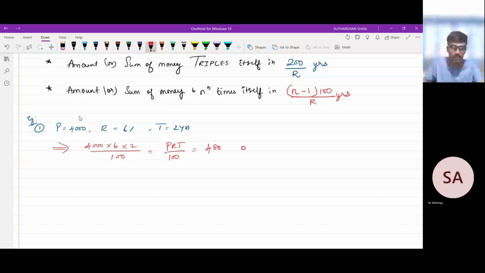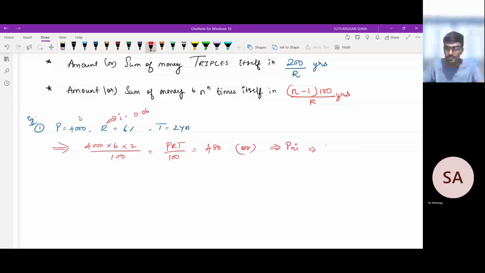What is another formula you have? PNi. For that, you need to find the i value. What is the i value? 0.06. What you are going to do is take a calculator: 4,000 into 0.06 into 2. What is the value? Same, 480.